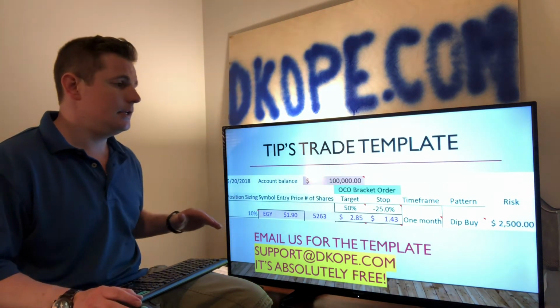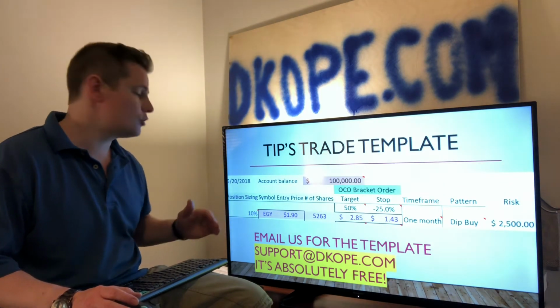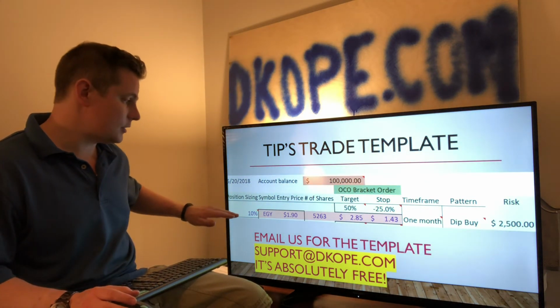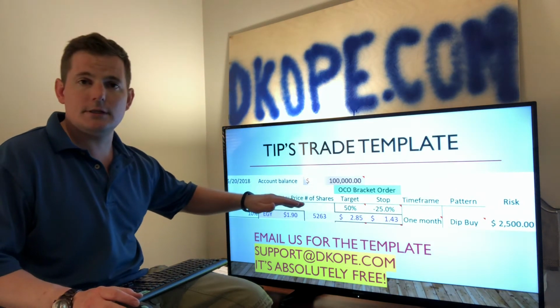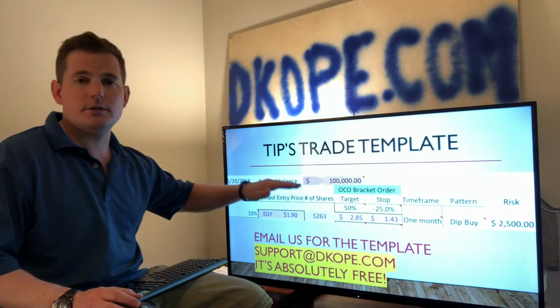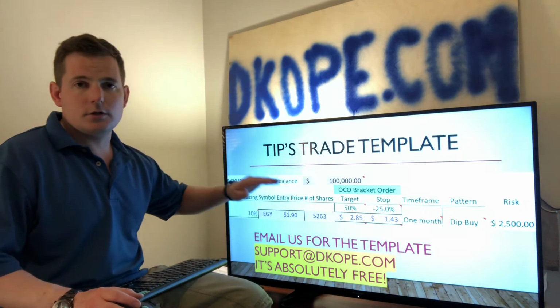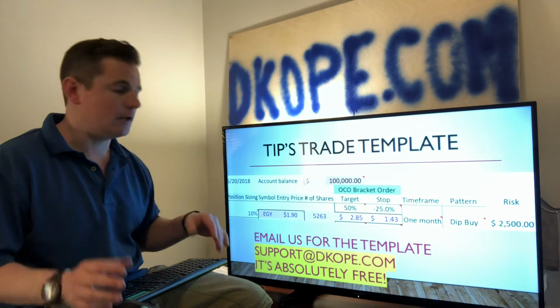So here is the actual trade template that we put this trade in. So we put the ticker here, EGY, then we picked the position sizing from a drop-down menu. And if you're starting in the simulator, you're going to have an account balance of $100,000. So you might as well just stick with that in the trade template too until you get settled.